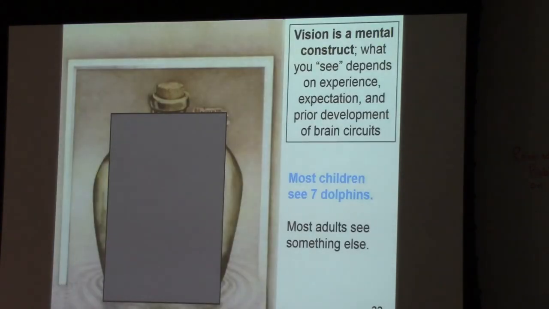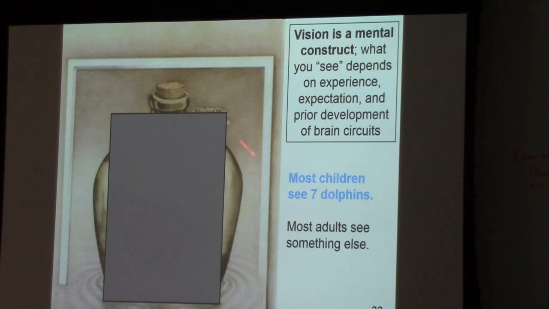And here's another one. So this is the last one. Vision is a mental construct. You see, in some cases, you see what you expect to see, or you see what you've been trained to see, or you see what you're used to seeing. So I'm going to remove the mask in just a moment.